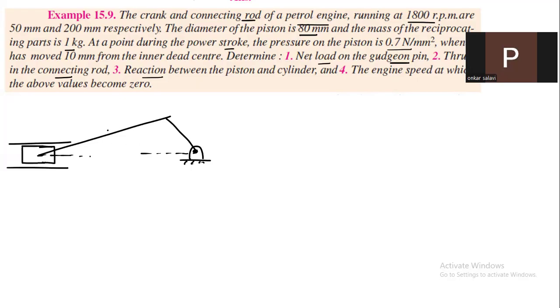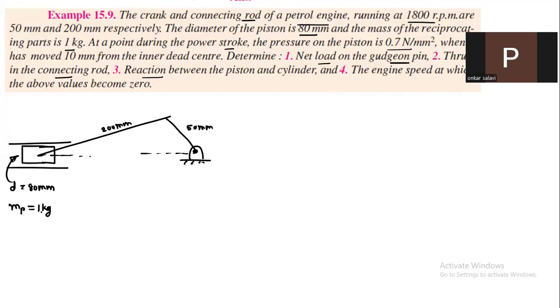Okay, so here what is given? The crank and connecting rod lengths are given. So this is 50 mm and this is 200 mm. Then the diameter of the piston is given, so D is equal to 80 mm, and the mass of the piston is given, so that mass is 1 kg.